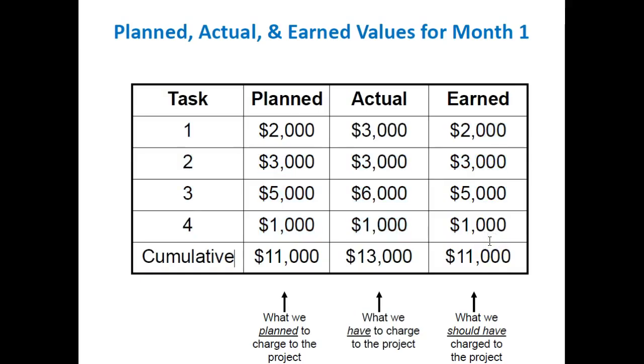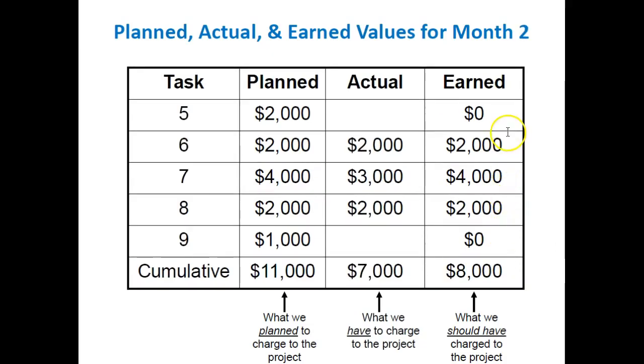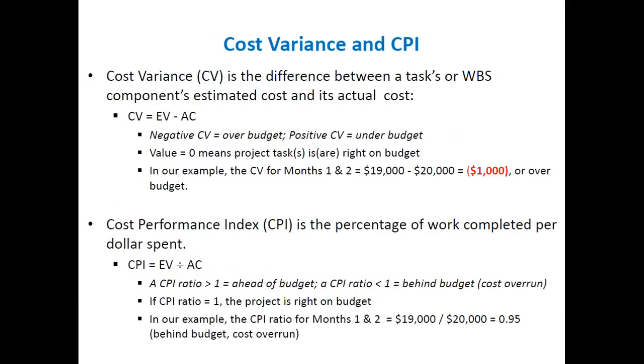So 11,000 plus for month 2, we did 8,000. We only completed 3 of the 5 tasks, but we get the earned value, which is equal to the planned value, for those 3. So we get an earned value of $8,000. So 8,000 plus 11 is $19,000. And we're saying $19,000 for the earned value, minus the actual cost for those activities or tasks, which is $20,000. You can go back and do that calculation too.